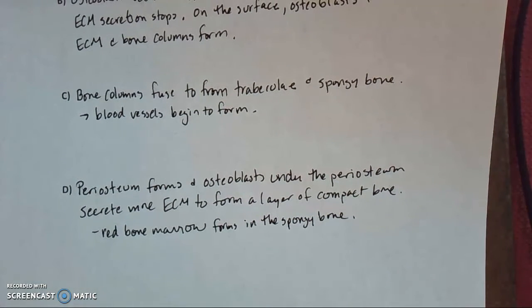So in this process, we first form a middle layer of spongy bone, and then as the periosteum develops, a layer of compact bone forms in there that sandwiches in the spongy bone, and we get the layers of different bone forms.